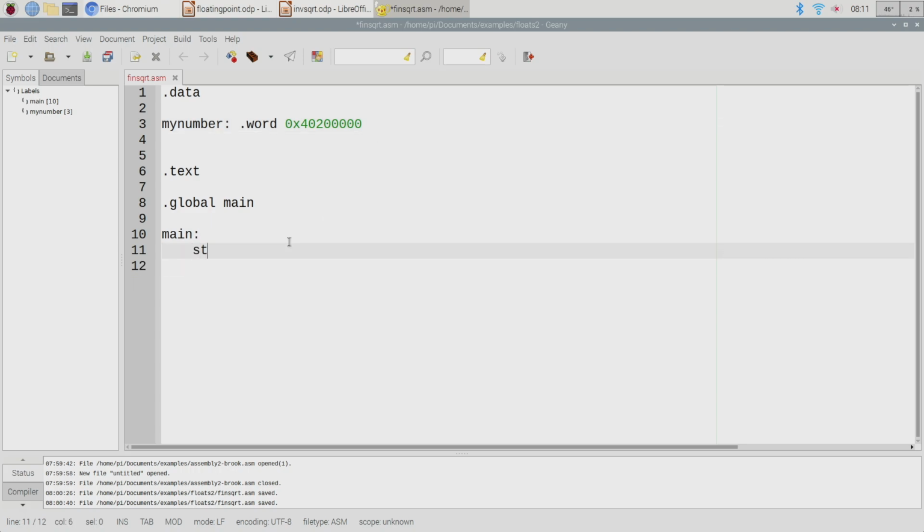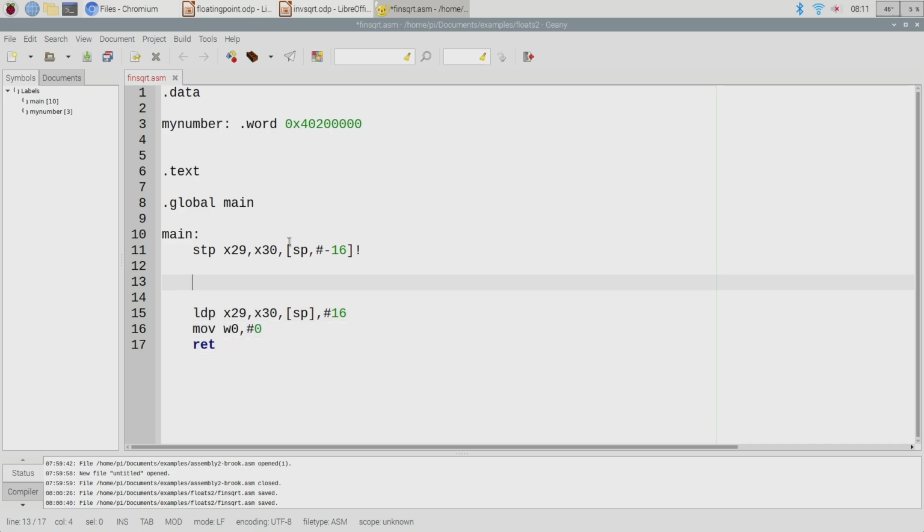So what I would have to do, if I tried to do something like, well, first off, let's get the usual stuff in there. Let's say that I wanted to do the following.